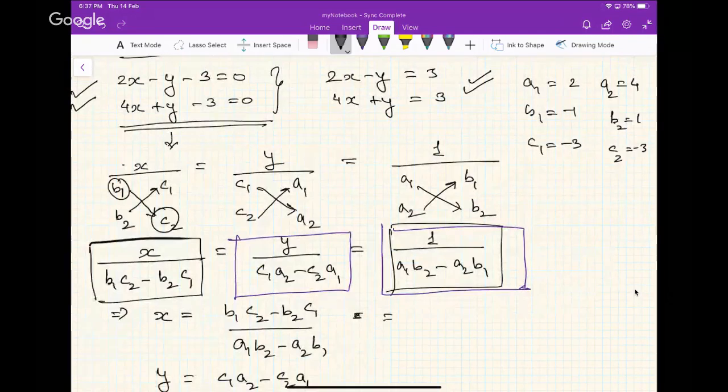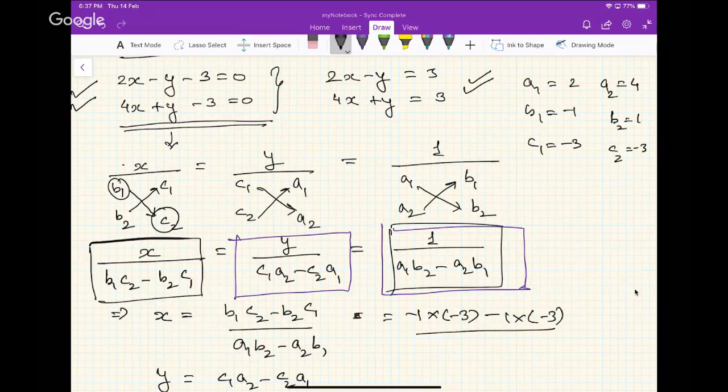X equals b1 c2, so negative 1 into c2, which is negative 3, then minus b2, which is 1, into c1, which is negative 3, divided by a1 b2, so 2 into 1, minus a2 b1, so a2 is 4 into b1 is negative 1.